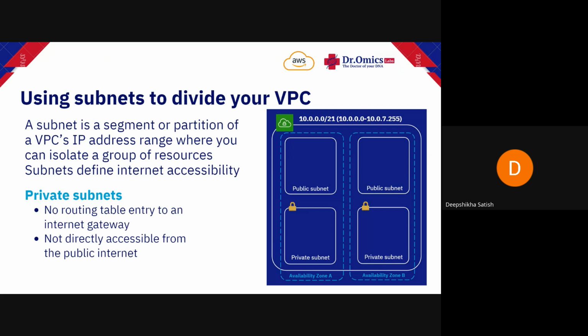They access the internet indirectly, for example, we can use a NAT gateway for outgoing traffic. This keeps them hidden from external access, for instances which need updates or need download permissions.